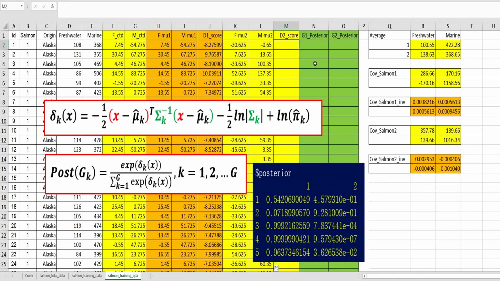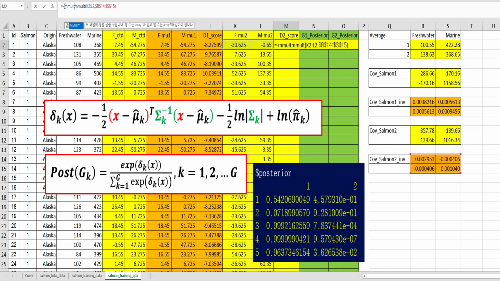So delta 2 score, same formula, and MMULT minus and MMULT this part, and sigma 2 inverse, this one, let's fix it. Okay.